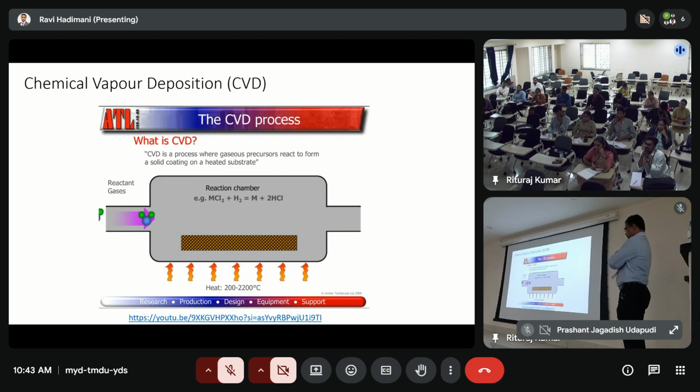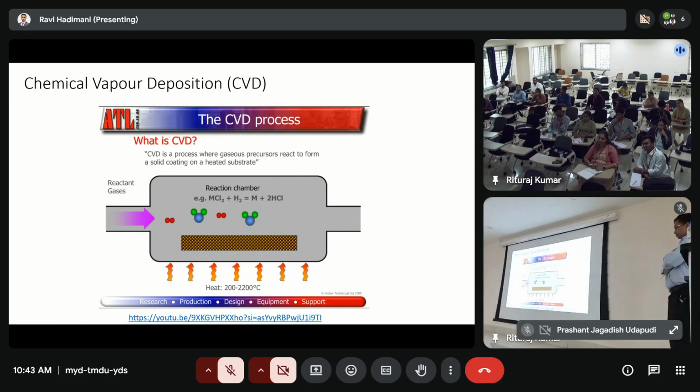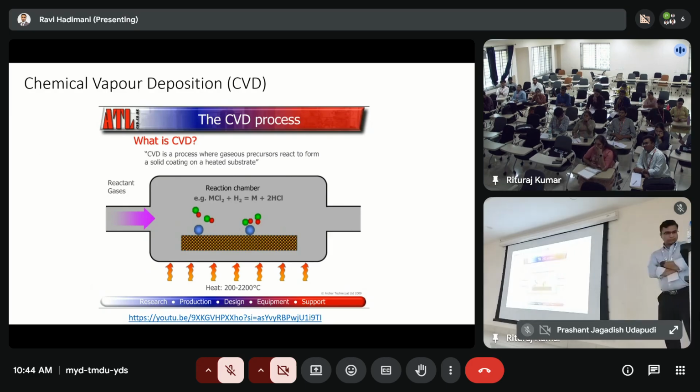The metal flow of reactant gases into the reaction chamber and waste gases out of the reaction chamber.